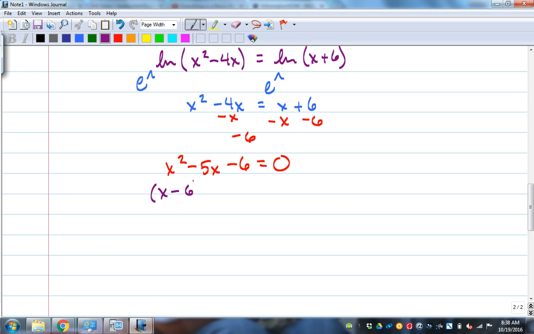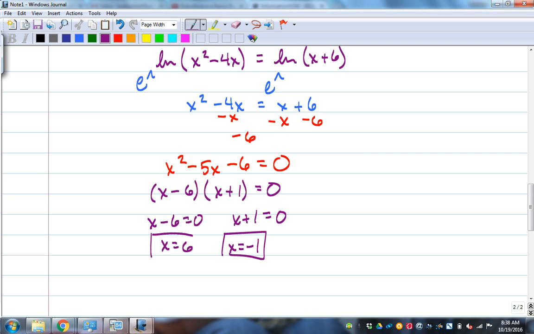Yeah, -6, positive 1. So x minus 6 equals 0, x plus 1 equals 0. So we get x equals positive 6, x equals -1. Which one of those gets thrown out? The -1. So x equals 6 is the only answer we have.